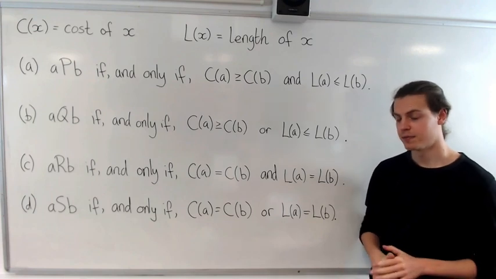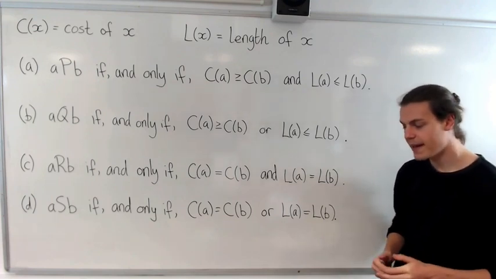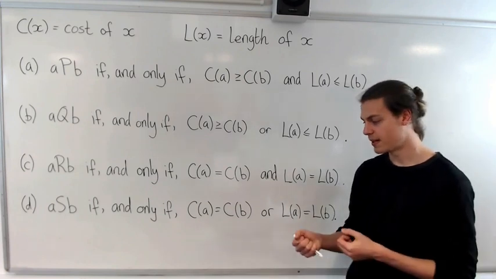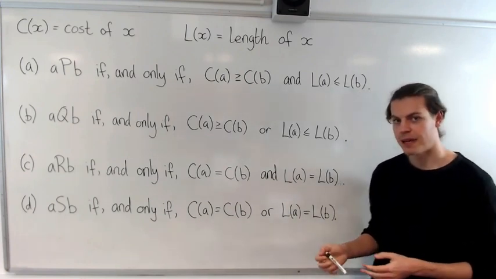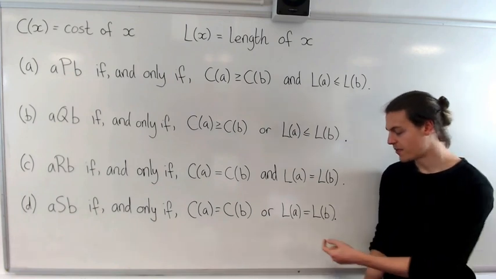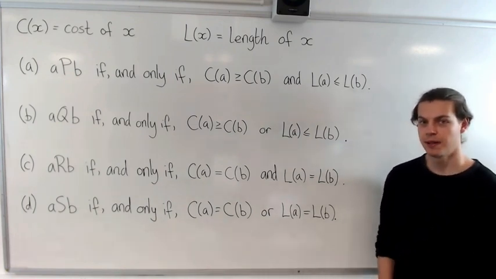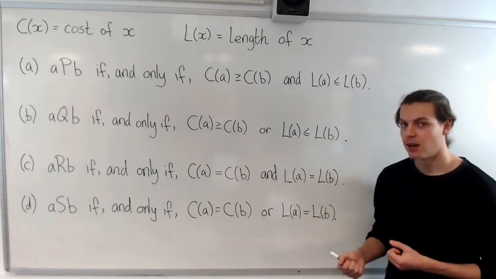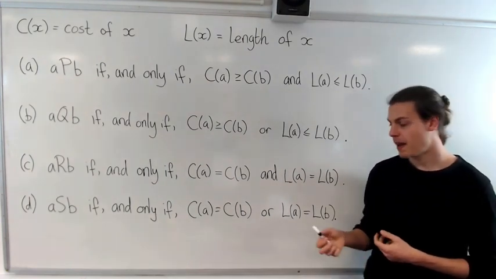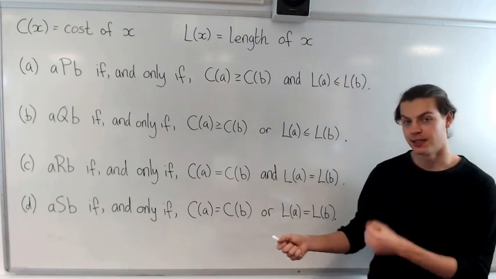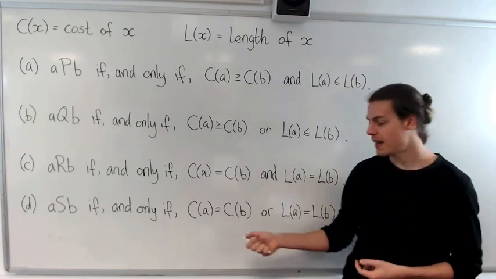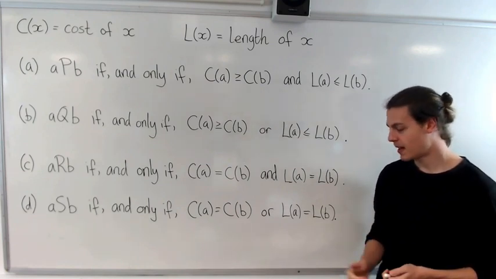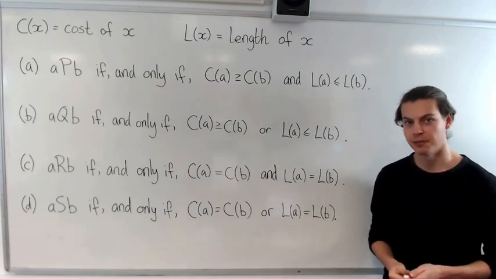Is it transitive? Well, if A and B cost the same, then they are related. And if B and C have the same number of pages, then B is related to C. But then it's not necessarily the case that A is related to C. A and C may not cost the same, and they may not have the same number of pages.